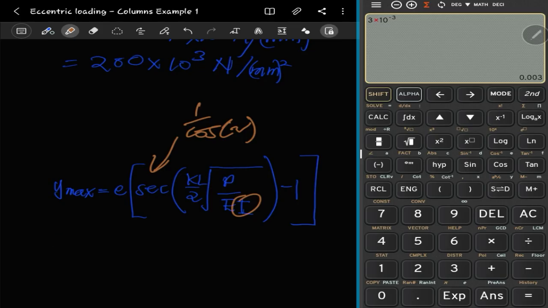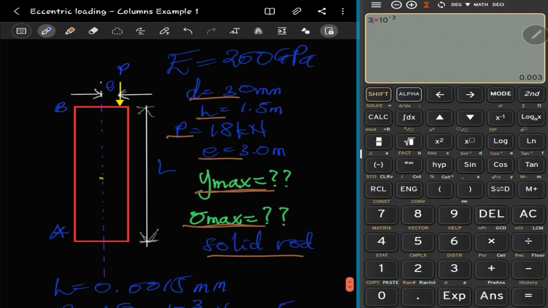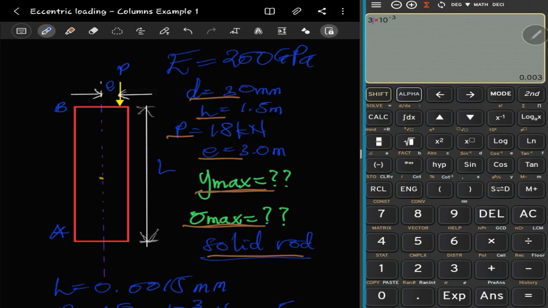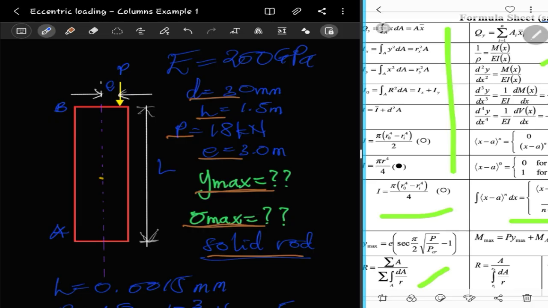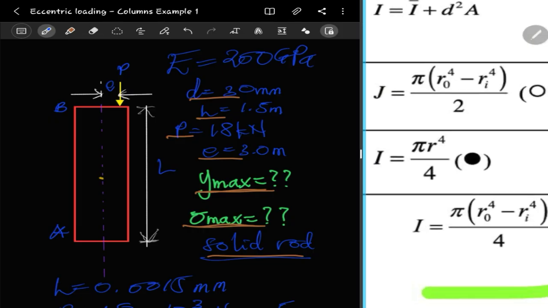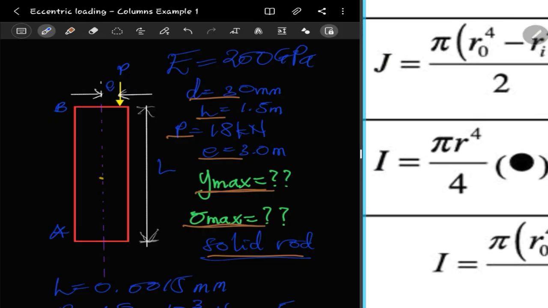The I is basically a cross-sectional property, right? And what was said about the question? We were told that it's a solid rod, meaning it has a circular cross-section. As such, it has a particular equation that describes the second moment of inertia, which is this right here: I is equal to pi r to the power 4 on 4.